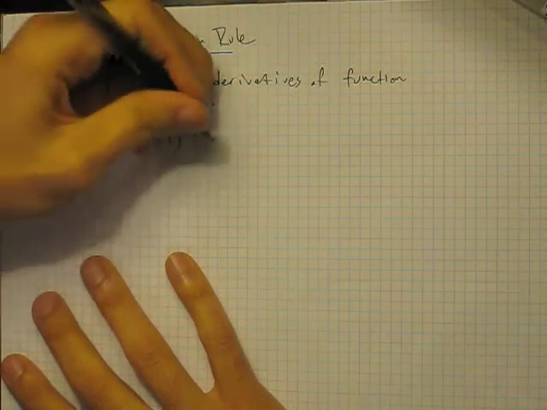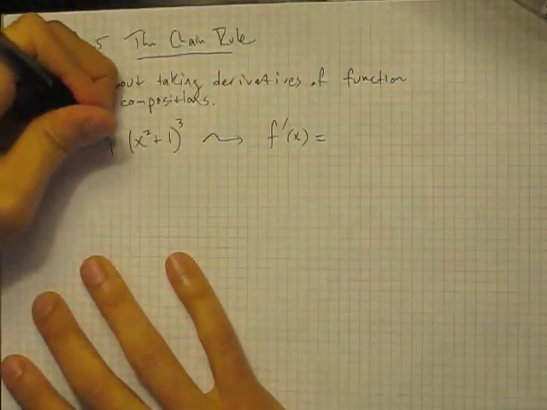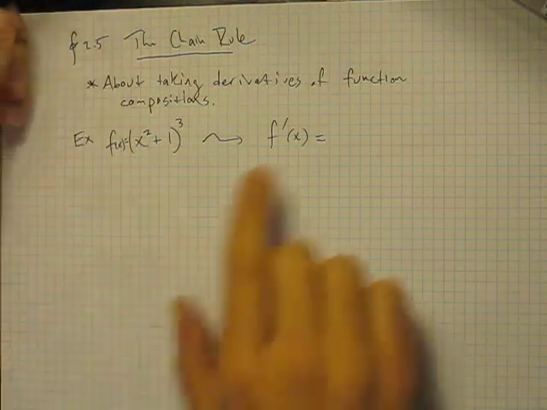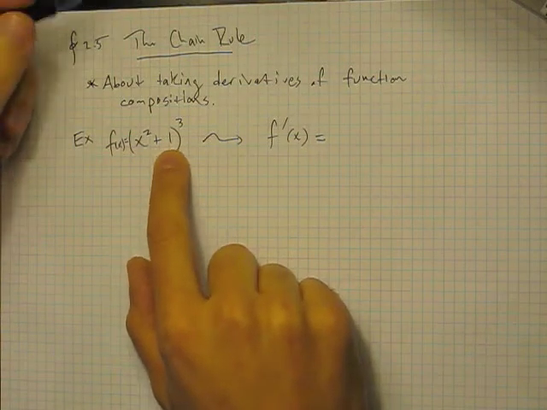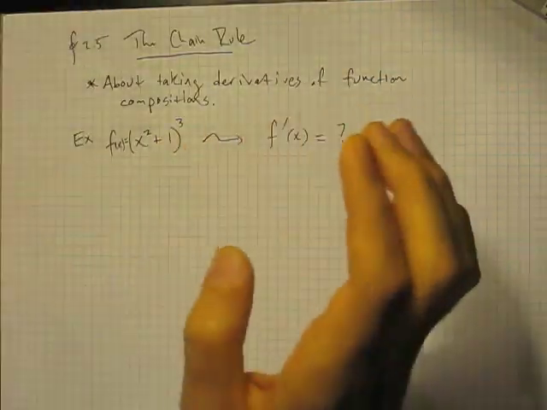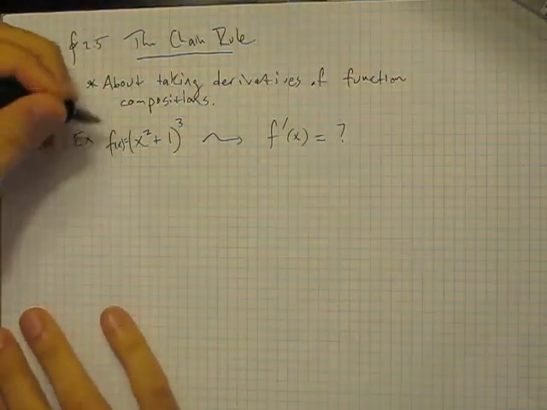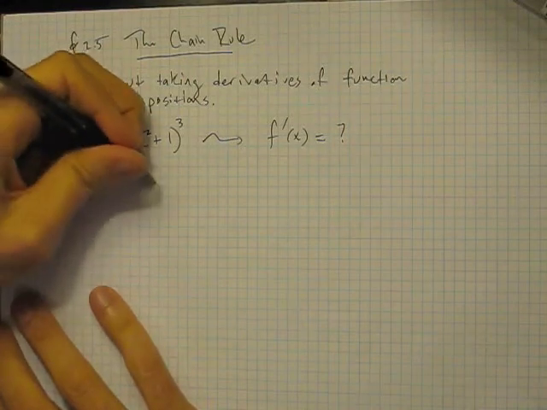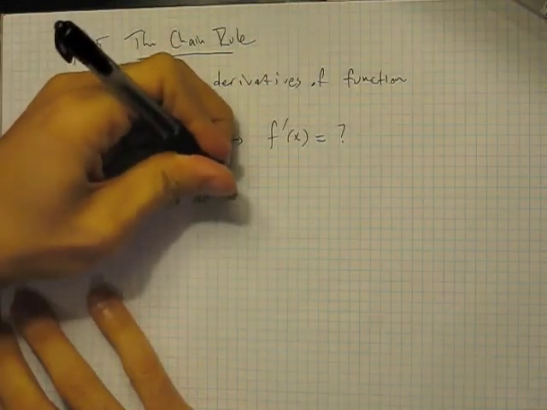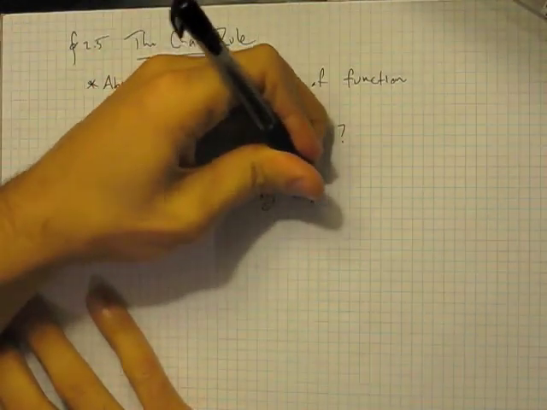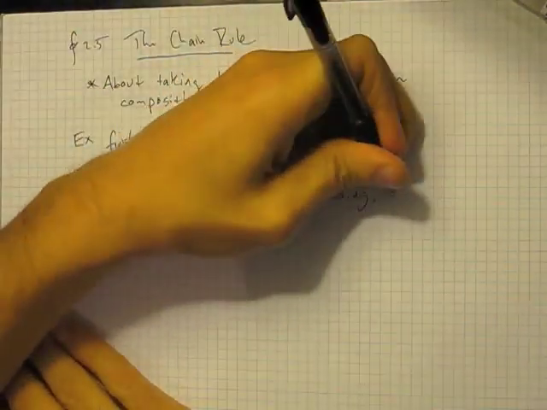How could we begin to compute the derivative of this? We have some rules we could apply. We could try multiplying x squared plus 1 times itself 3 times, expand that out, and take the derivative like it's a normal polynomial, just using the rules we know.